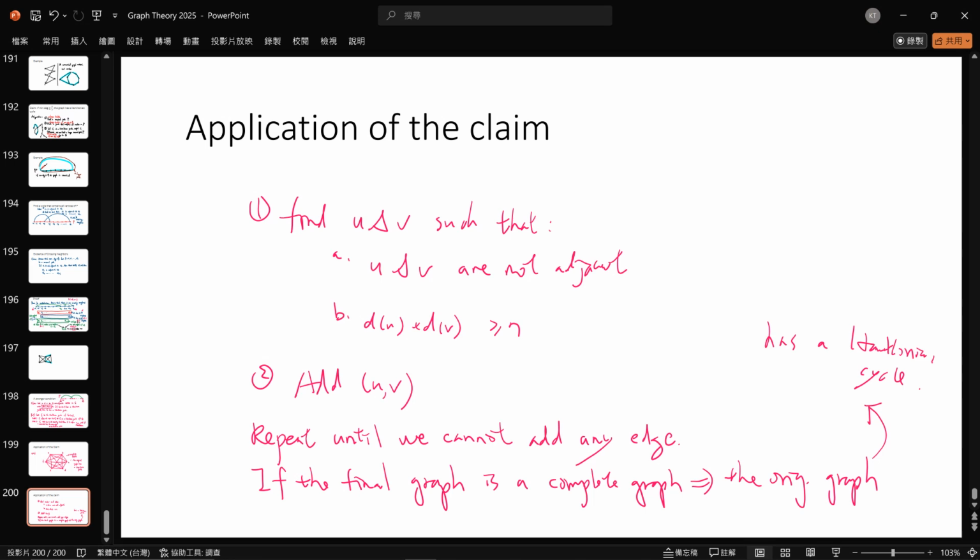Okay. So we just keep adding edges, okay, until we cannot find such a pair of vertices. Okay. Then we stop and we check whether the graph has a Hamiltonian cycle or not. Okay. So especially when the graph becomes a complete graph, you know that there's a Hamiltonian cycle. Okay, so there's a special name for this final graph, okay?